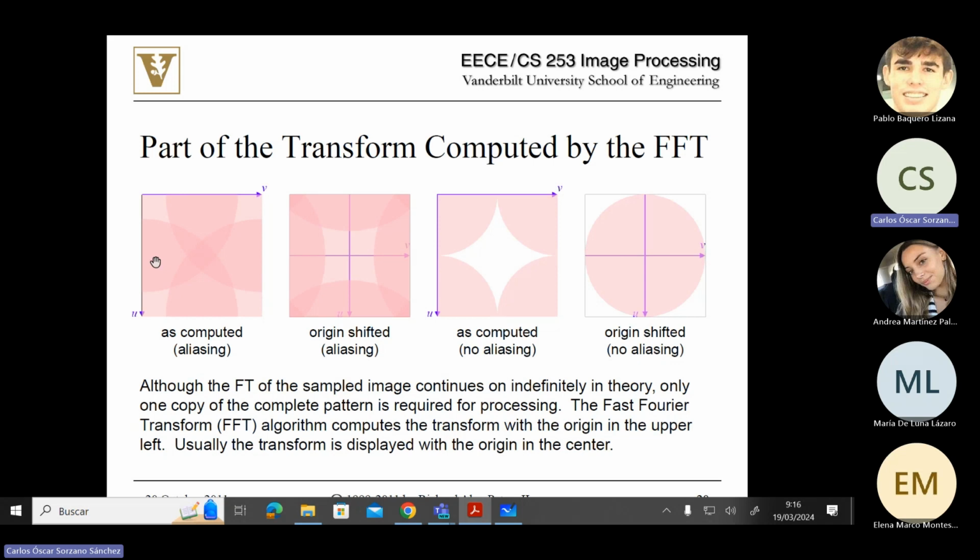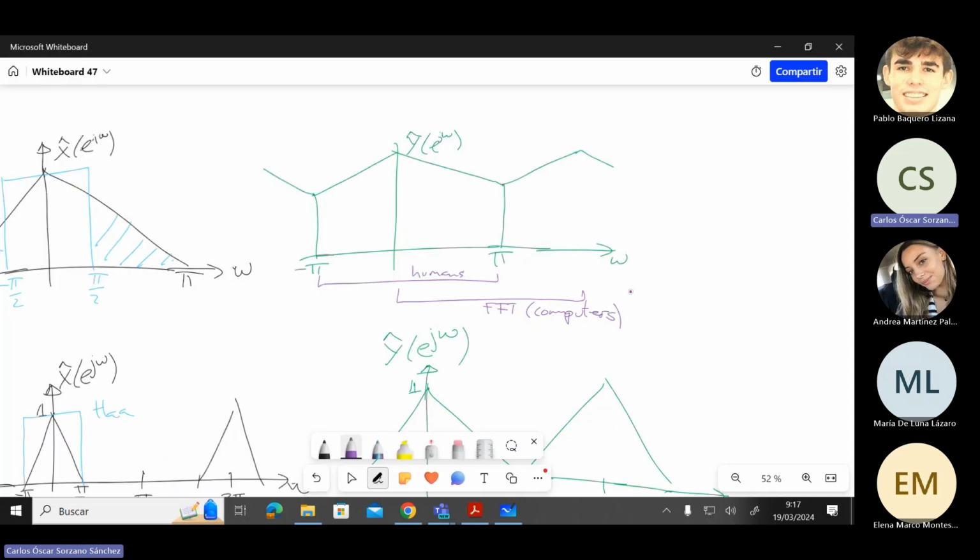And then this is when there is aliasing, this is when there is no aliasing. All these spectra are after the decimation. If there is no aliasing, it expands. In this case, it's this one here; this case is this one.